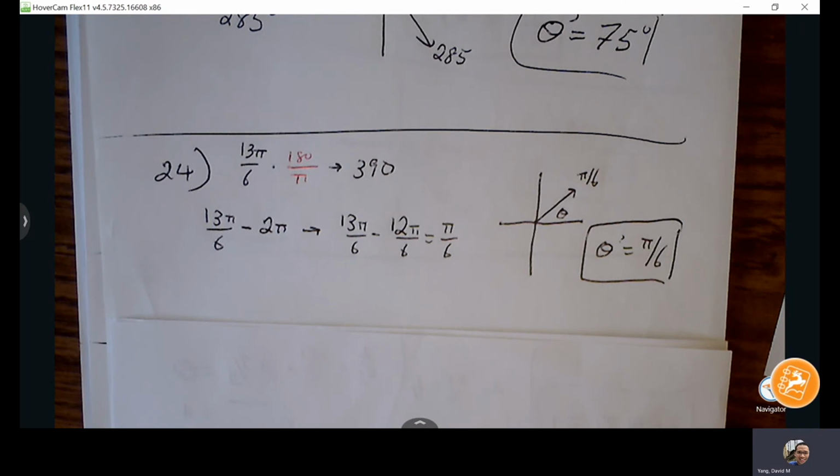All right, so 24, 13 pi over 6, maybe you don't recognize that, so multiply by 180 over pi, and then 390, that's something that we recognize a bit more, right? We know it's a degree measure, we know it's greater than 360, so if you want to subtract 360 to get it to something that you recognize, that's 30 degrees. You know 30 degrees is in the first quadrant.